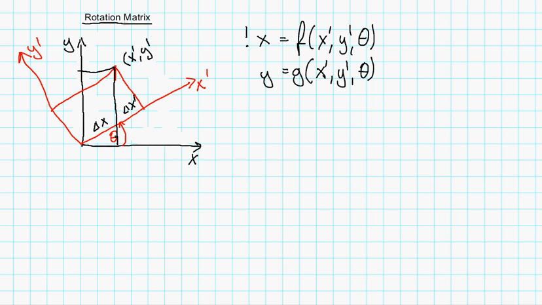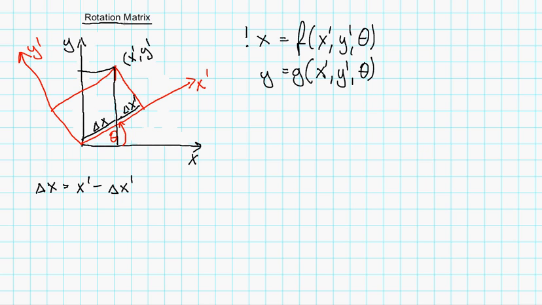Delta x is this distance, and delta x prime is this distance. So we can write that delta x is the whole length here, which is x prime, minus delta x prime.